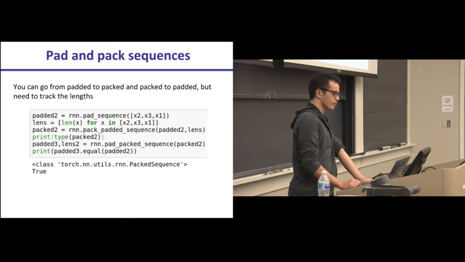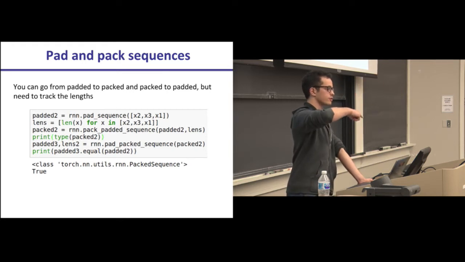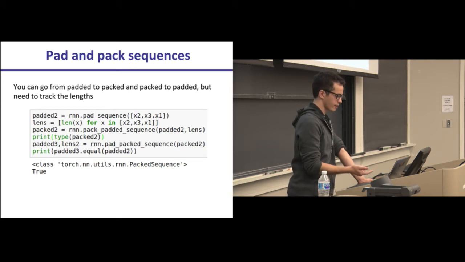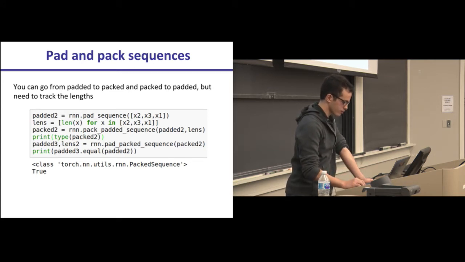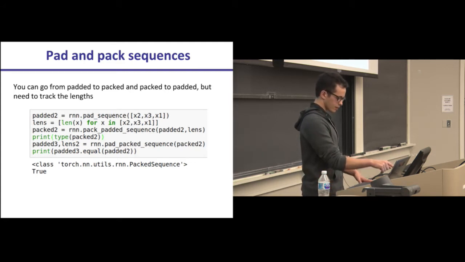Thing is, when you go from padded to packed, PyTorch cannot know the lengths of your different sequences, since you just give it a tensor. So you have to tell PyTorch. You keep track of the lengths of all of your sequences, and when you create a packed sequence from a padded sequence, you give it the padded tensor and the lengths.